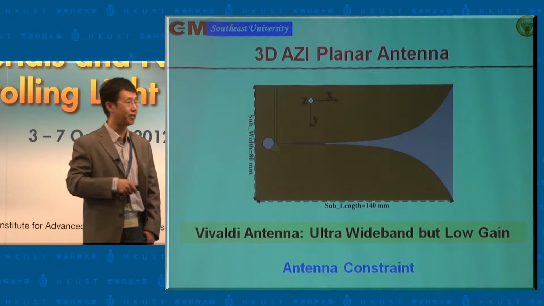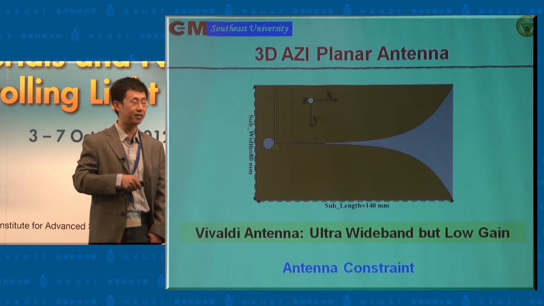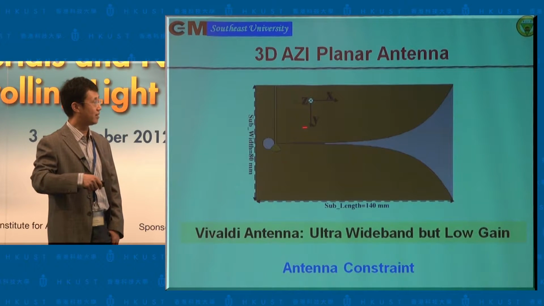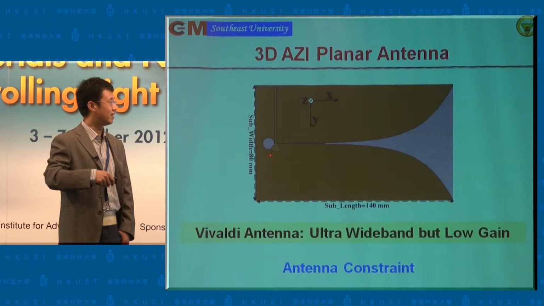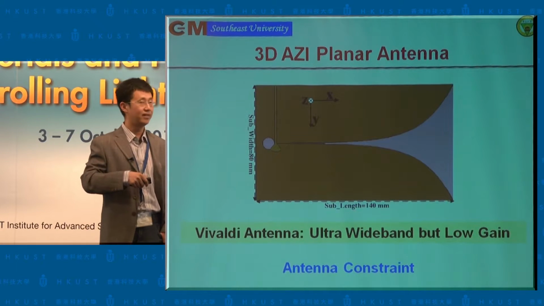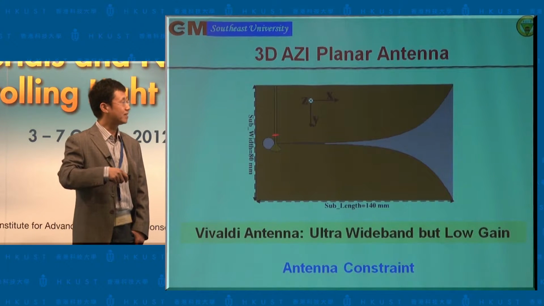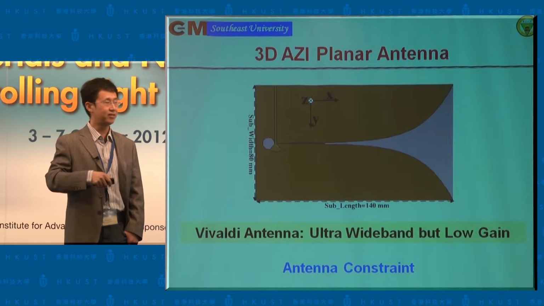Another application of the isotropic zero-index metamaterial is in a planar antenna. The antenna we choose is the well-known Vivaldi antenna, because the Vivaldi antenna has ultra wide bandwidth. But from the constraint of the antenna, the gain is not large.